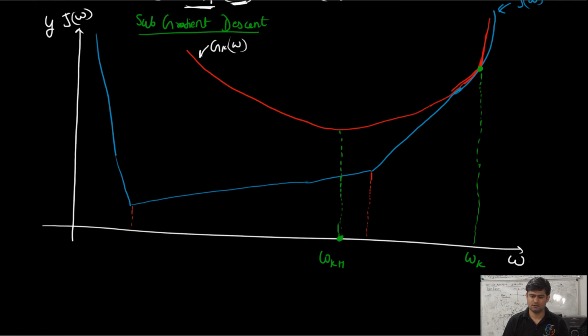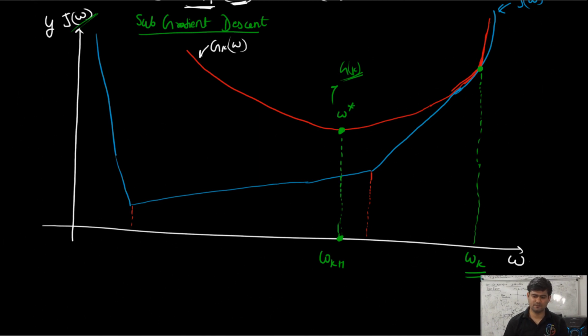The minimizer of this function gk, w star for gk, we'll set to wk plus 1, as a new estimate for the optimal parameters w that minimize the original loss function. And now we'll repeat this process.